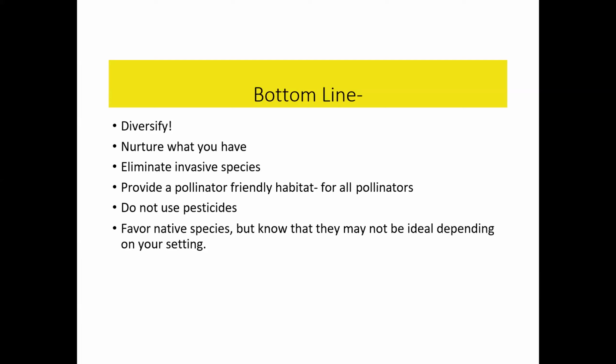Provide a pollinator-friendly habitat, not just for bees and butterflies, but for all pollinators. Don't use pesticides and favor native species. But know that, depending on how changed your environment is, sometimes the non-native species may be a little bit better in your setting.